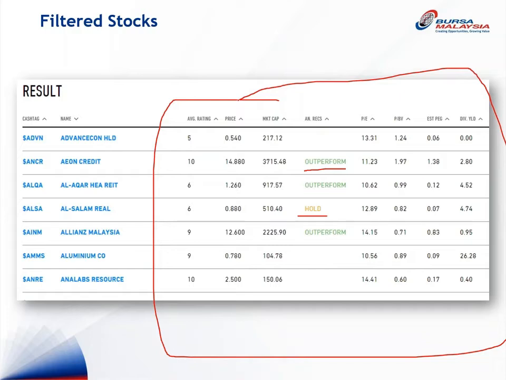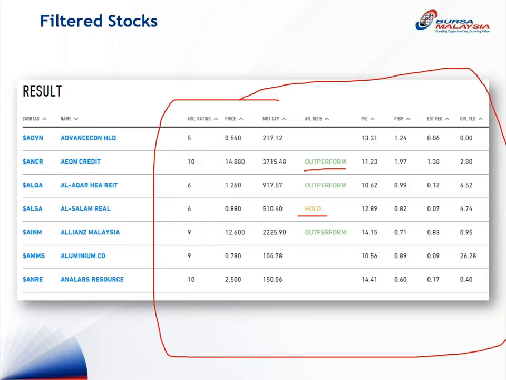All right, and this will give you a good combination of stocks. If you're not the type that goes out and asks around or reads the newspaper every day, this is probably the best way for you to know what are the potential stocks to invest.